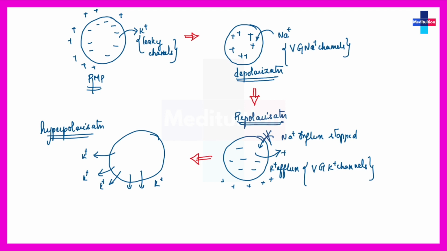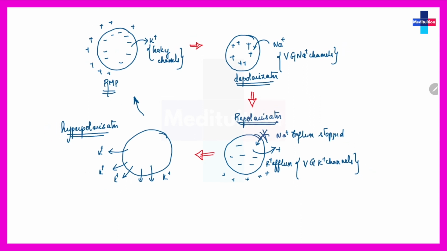So this makes the cycle of resting membrane potential and the action potential, which happens in our depolarization, repolarization, and in our hyperpolarization. So if potassium efflux is more through voltage gated potassium channels, again it may cause hyperpolarization, so inside it becomes more negative. Then potassium efflux restores the resting membrane potential, and further stimulation will be there.